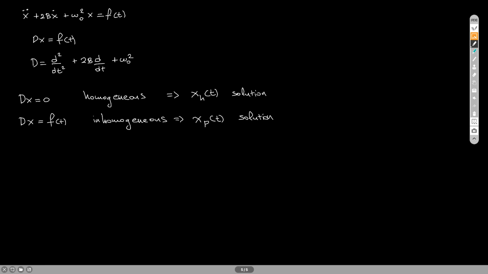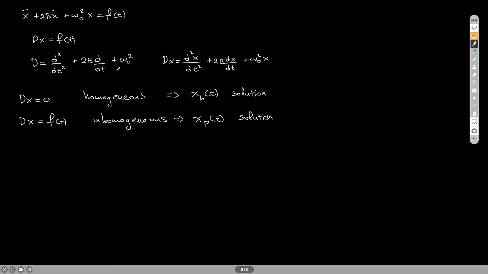So if this is the definition, Dx will give me the second derivative of x as a function of time, the first derivative of x as a function of time, and then omega naught squared times x.